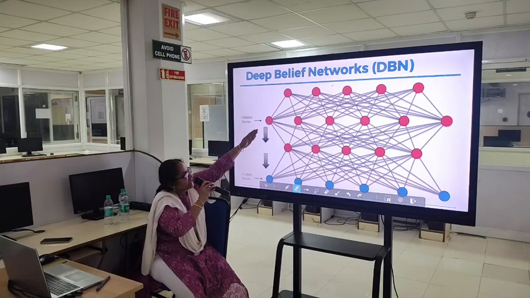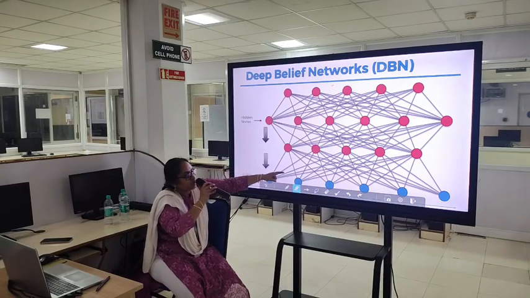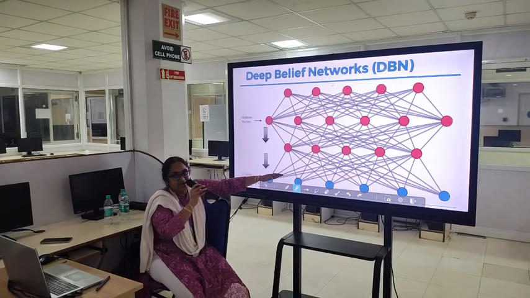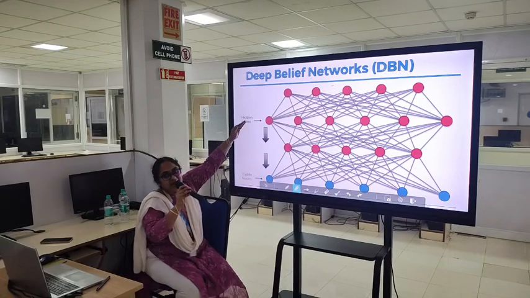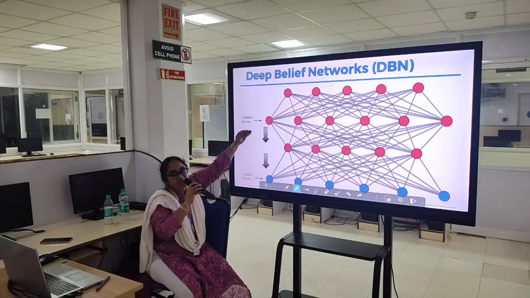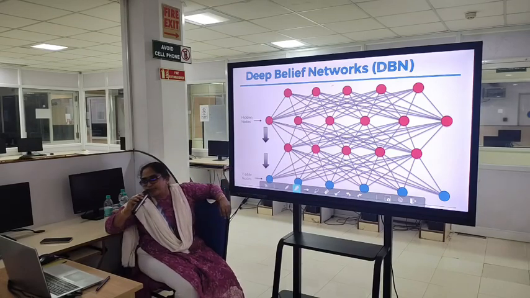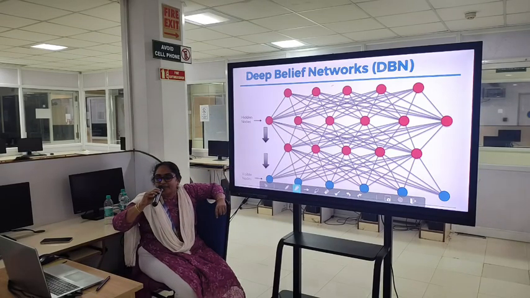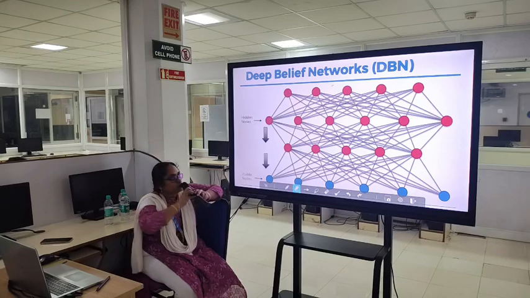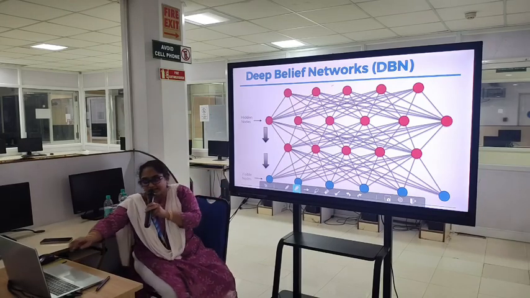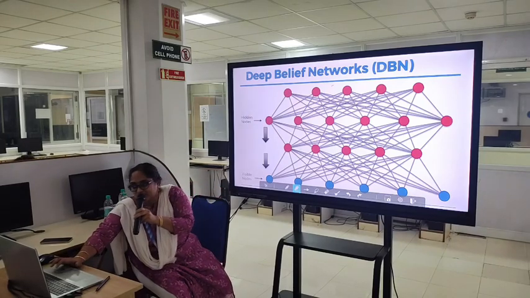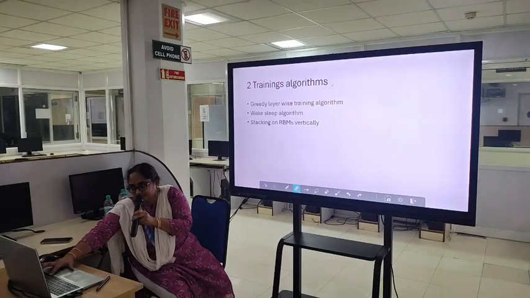Everything here is undirected, except for the last layer; in the intermediate layers, the direction is towards the input layer. That is, the backpropagation of the weights or the error is towards the input layer. That is the main concept in deep belief networks.